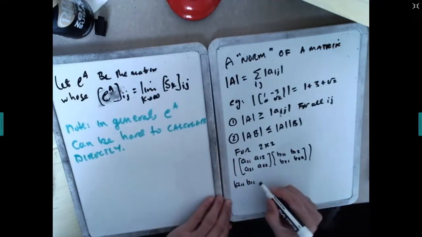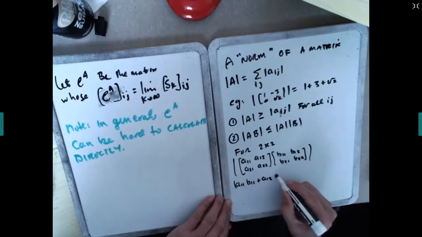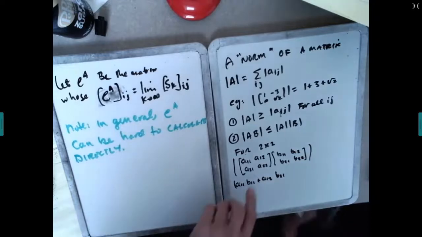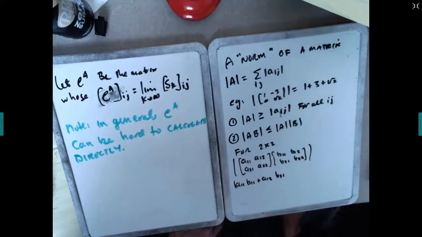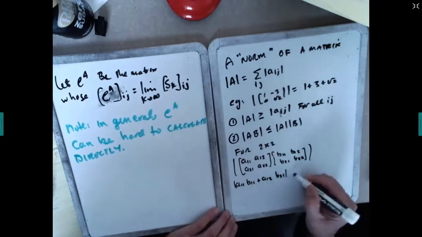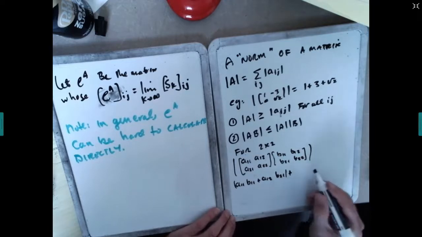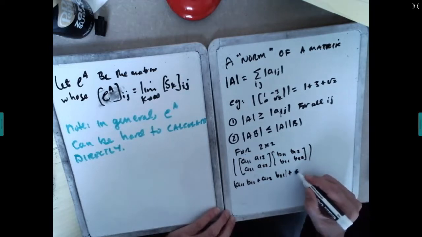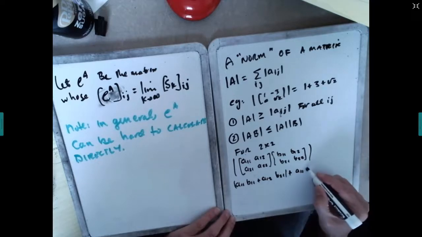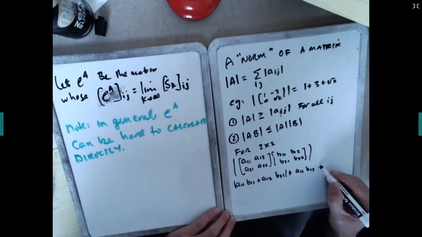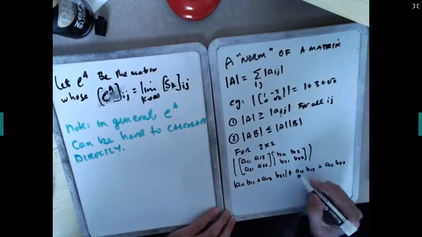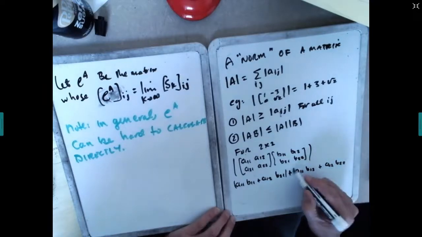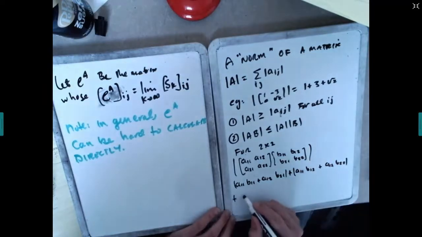Plus A12 times B21. So notice this A11 is going to be multiplied by that. And now you're going to take the absolute value. And then let's look at the next one. A11, B12. The ones have to match. The 2's have to match. So remember, these things have to match. And then we get the same thing on the bottom.